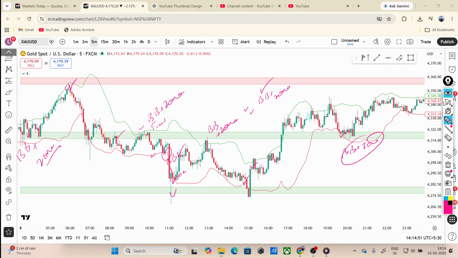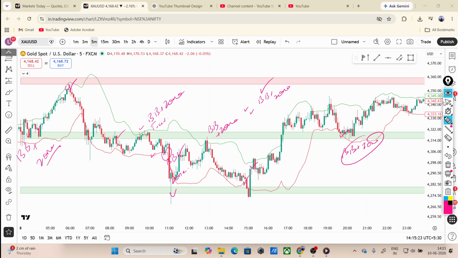EMA is also working well with this, so in later videos I can completely explain how to use the EMA with the zone. This is working perfectly. Sometimes there is a little confusion, otherwise in a trending market the zone plus EMA work better and better, because you already know that no indicator gives 100% assurance for trades.